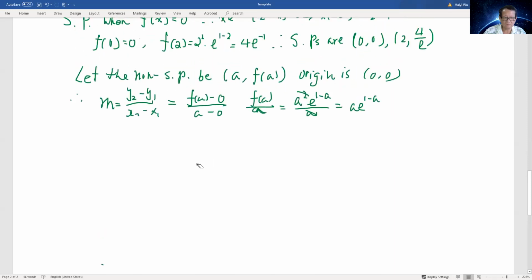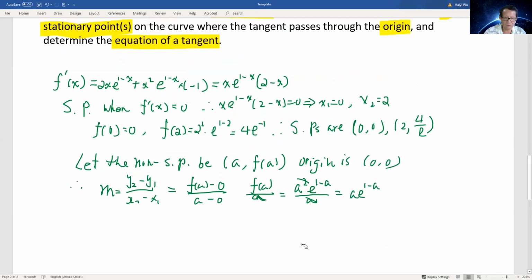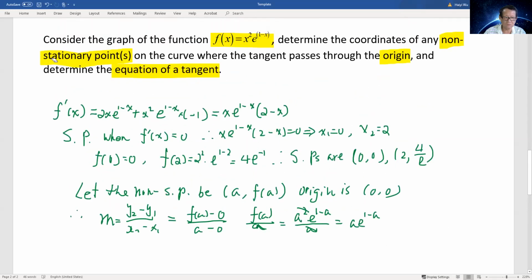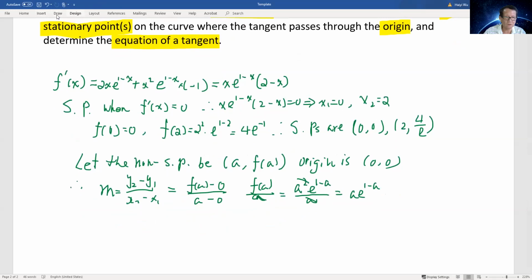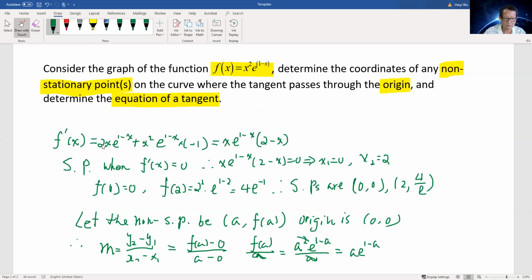But we know that this tangent is also a tangent of this curve. So we know the tangent of the curve is also determined by the derivatives.